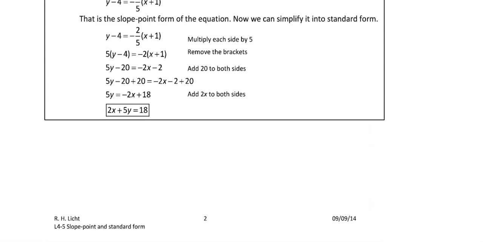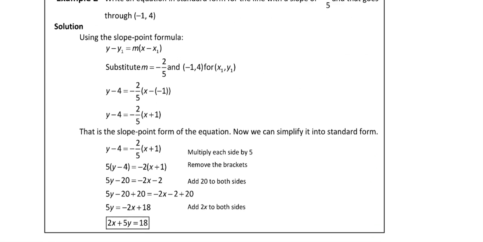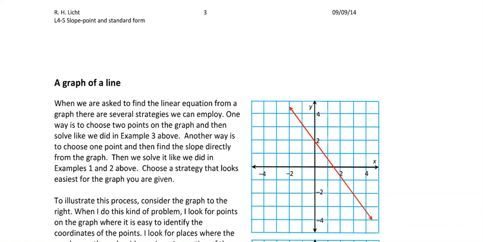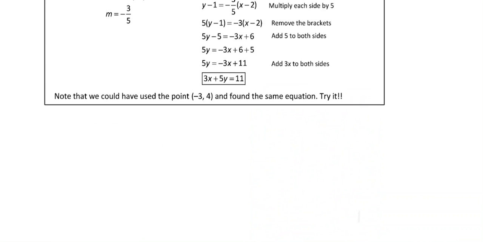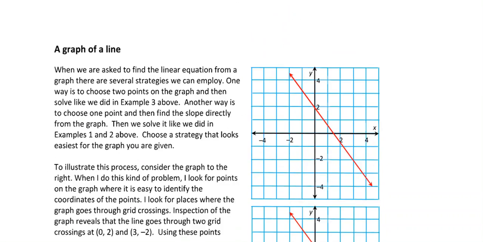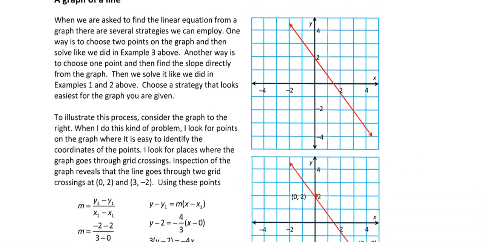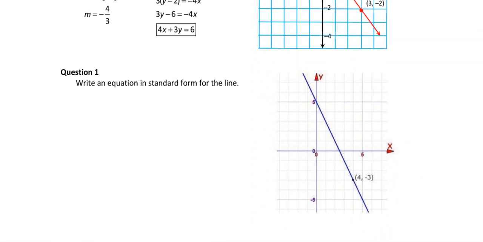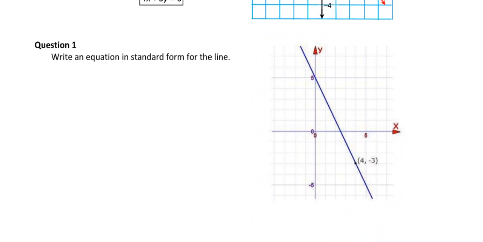So examples there, but we'll skip through some of these and we'll do some examples below. All right, so let's do this one. It says, write an equation in standard form for the line.